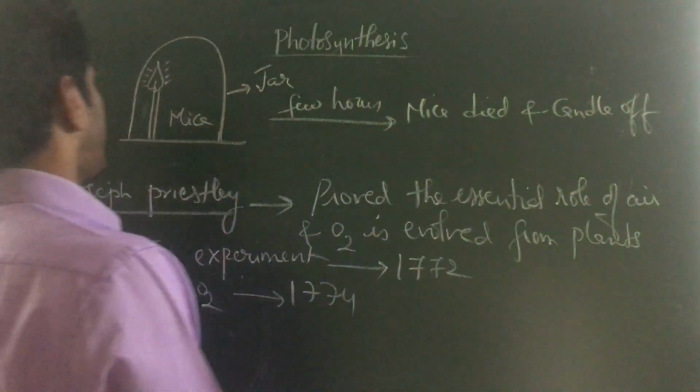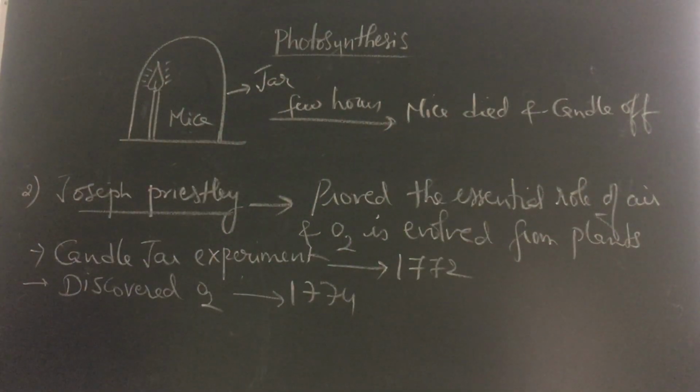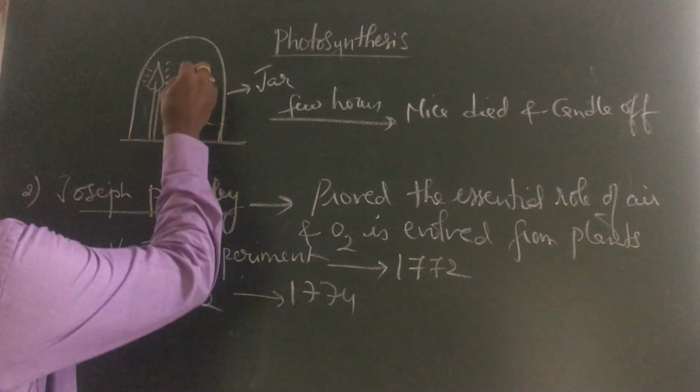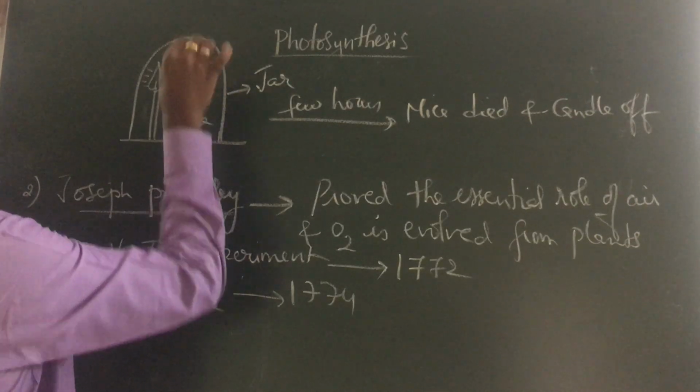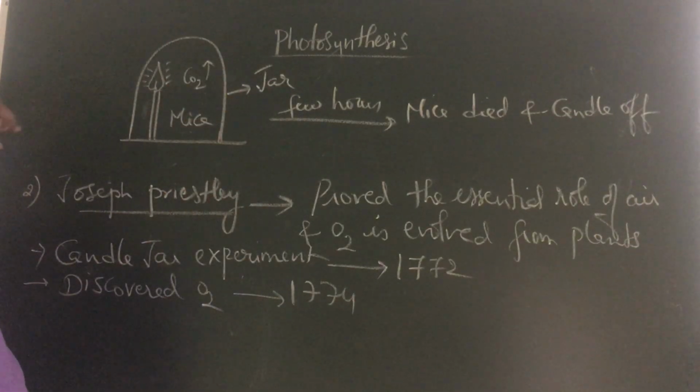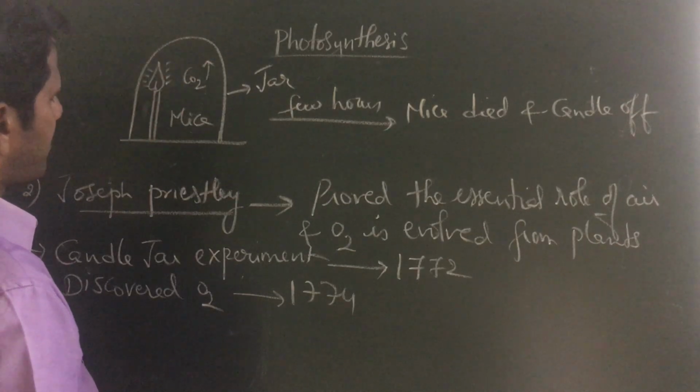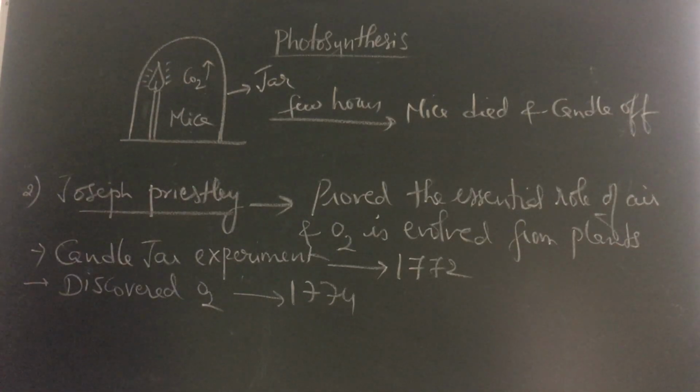The candle was put off because carbon dioxide increases, as it is released by the mouse. The increase in carbon dioxide leads to the death of the mouse, and the candle also goes off.